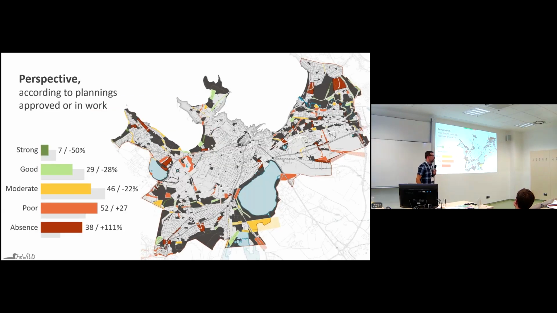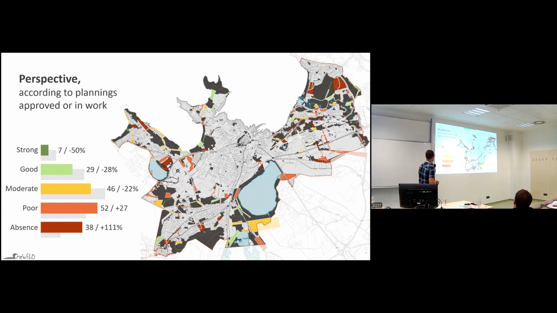Next, we looked through the general and detailed plannings in the city, and assessed the perspective of the focal sites. This is maybe a 10-year perspective from now. And as you see, the focal sites where currently there is strong connection, the level decreased by half.